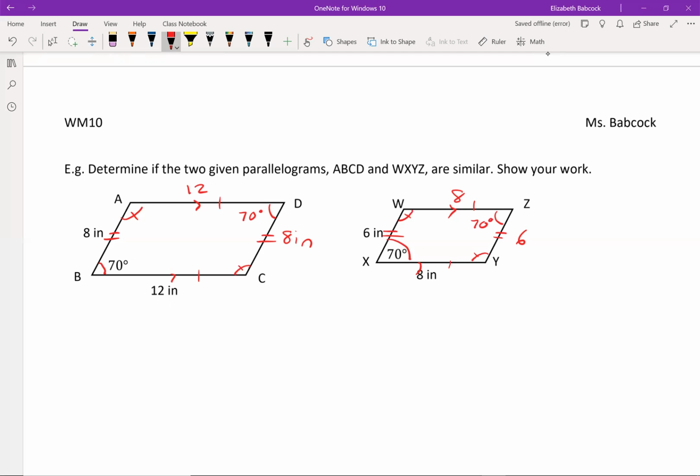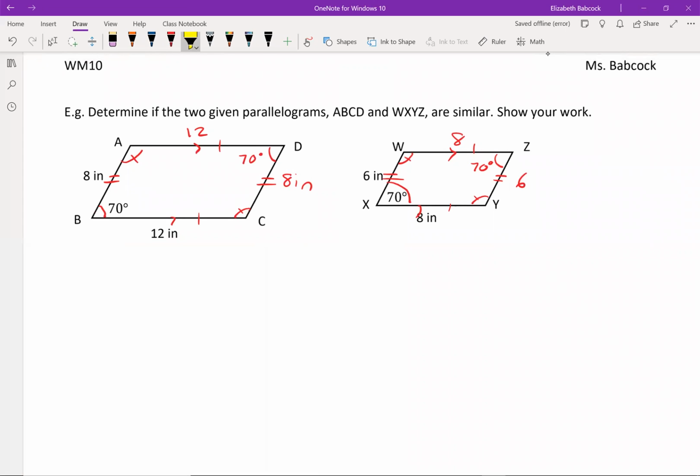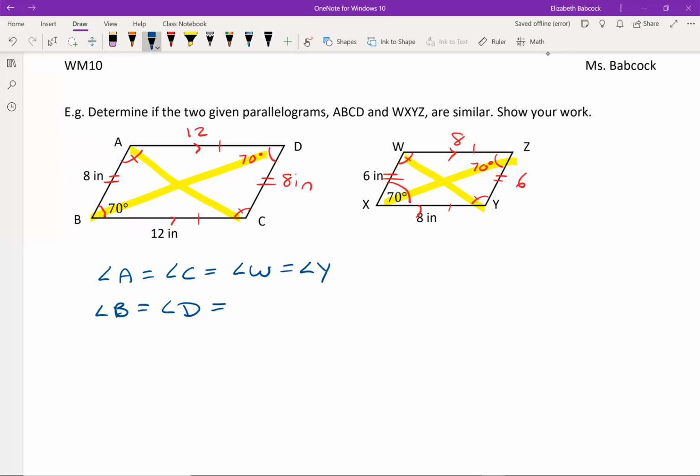Angles that are across, A and C, B and D, are equal in parallelograms, just like X and Z and W and Y. So we can state angle A equals angle C, which equals angle W and angle Y. We can also state angle B equals angle D equals angle X and equals angle Z. So we have fit one property already. Corresponding angles are equal.